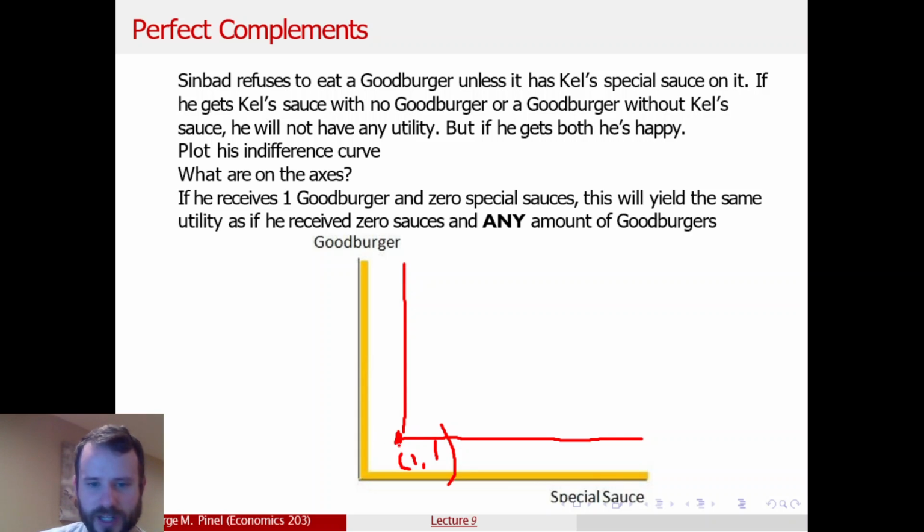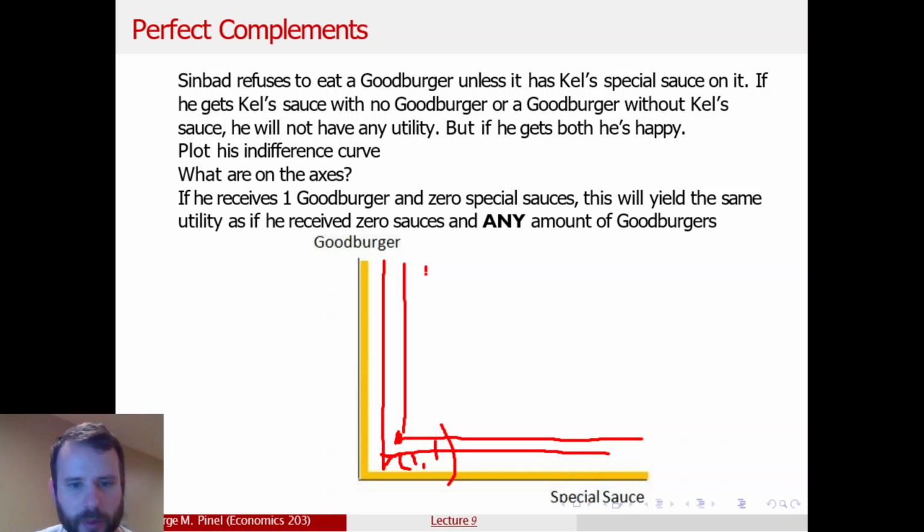If I decrease the amount of good burgers, well, I'm on a lower indifference curve then. So if I decrease the amount of good burgers to here, that should be looking like this. I'm on a lower indifference curve.